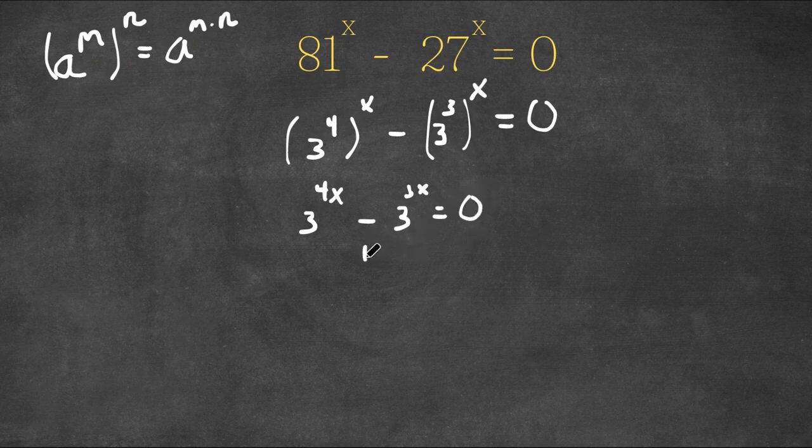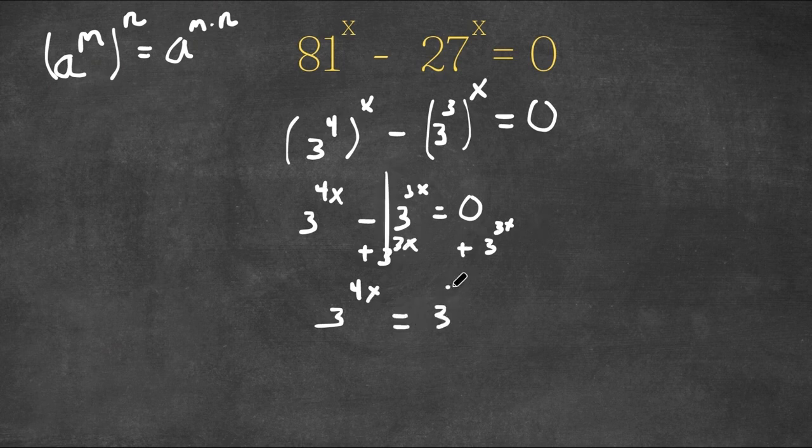Now I'm actually going to add 3 to the power of 3x on both sides. So now we get 3 to the power of 4x. These two cancel out. Equals 3 to the power of 3x.